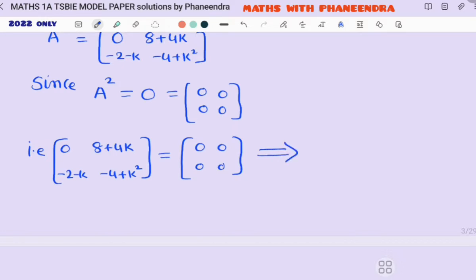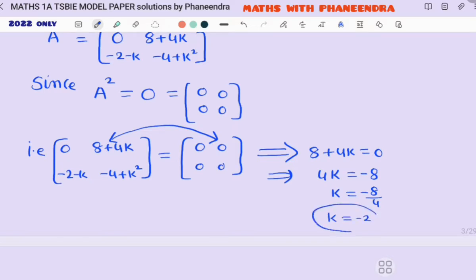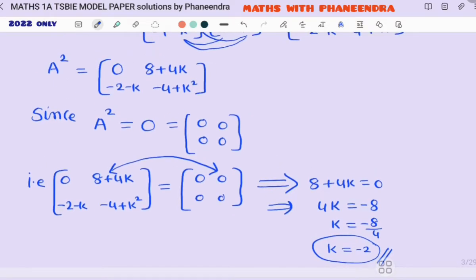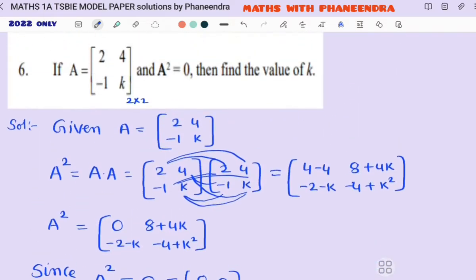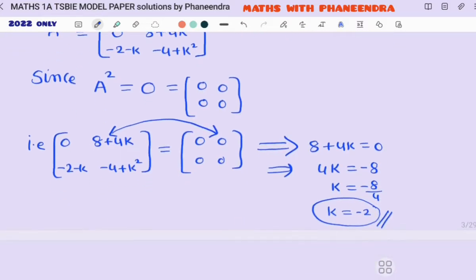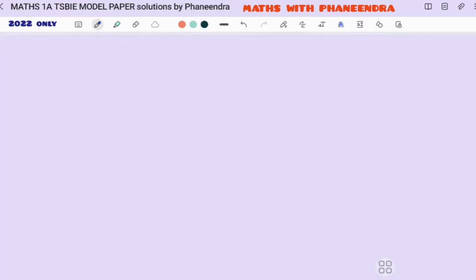If two matrices are equal, their corresponding elements are equal. Any one of them we can do, not compulsory to do all. So 8 plus 4k is equal to 0. That implies that 4k is equal to minus 8. k is equal to minus 8 by 4. So k is equal to minus 2. That's all. I hope everyone understands, students, the question, which is very important. We may expect this type of question in the coming exams.